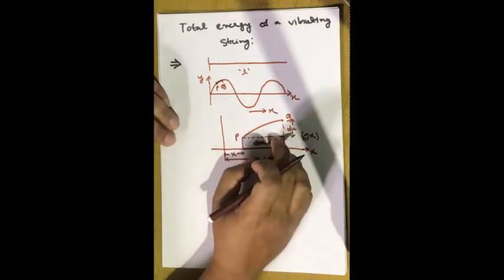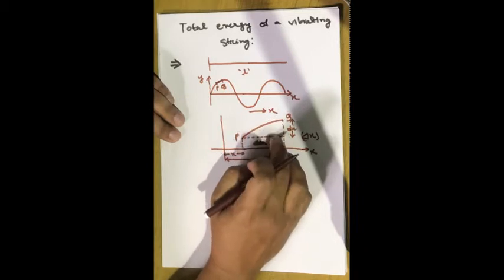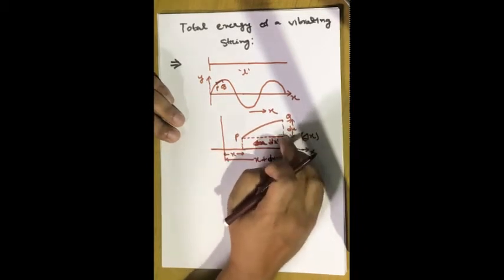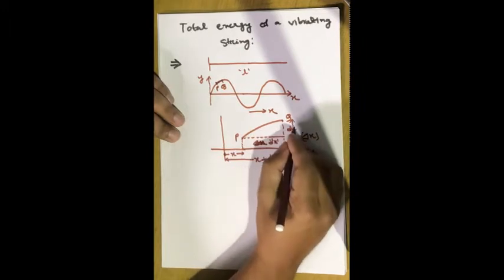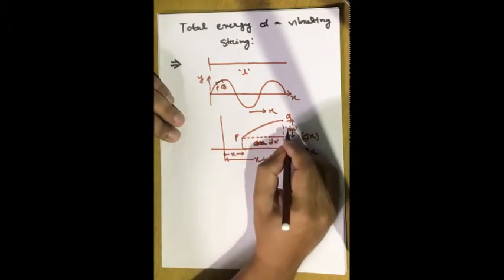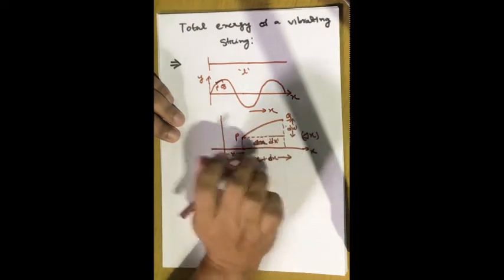As this element vibrates in a perpendicular direction at any instant of time, its displacement in the y direction is given by du, which is shown in the figure. So this portion is equal to du.